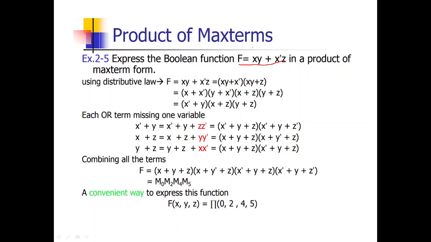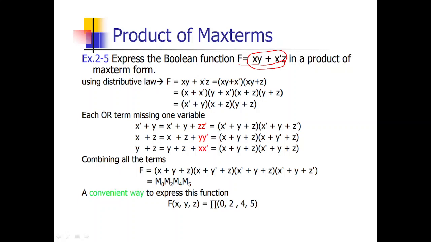Actually, what we have discussed is that if it is given as product of sum, then it is easy to convert to product of max terms. See here, this expression is of the form sum of product, right? Sum of product has to be converted to product of sum first.